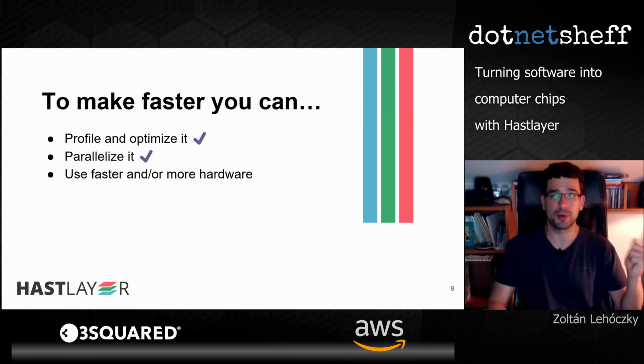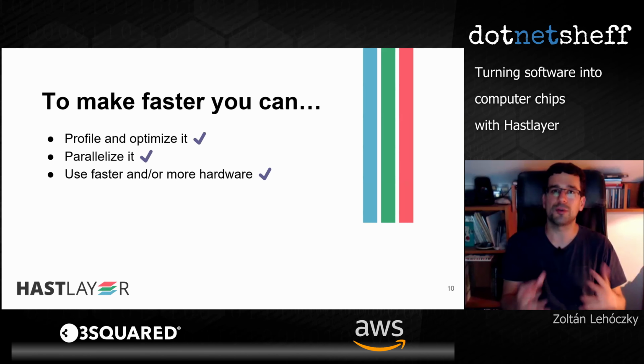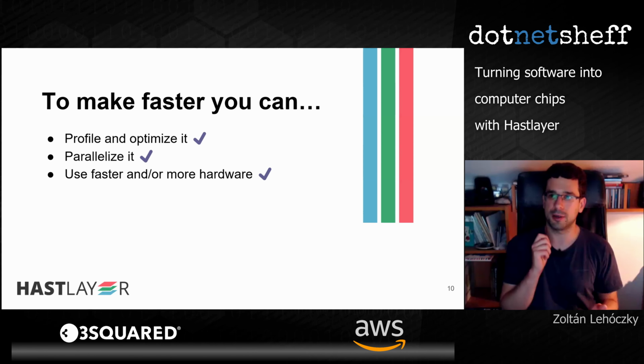But let's suppose you have already done that as well. And lastly, you can use, of course, either faster hardware or more hardware, so scale up or out, which in the cloud is, of course, very simple. Let's suppose you have already done that, or rather you have exhausted the feasible options here. So you can keep throwing money at the problem, but it doesn't bring enough benefits anymore.